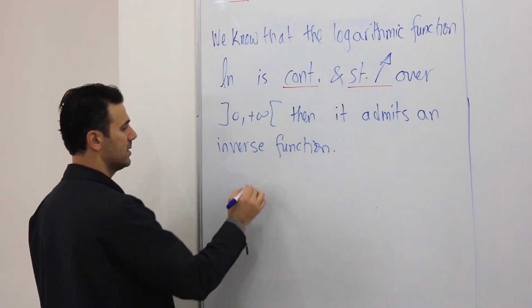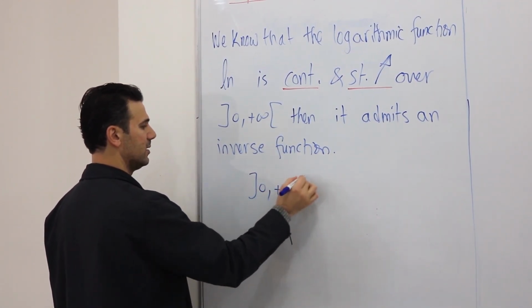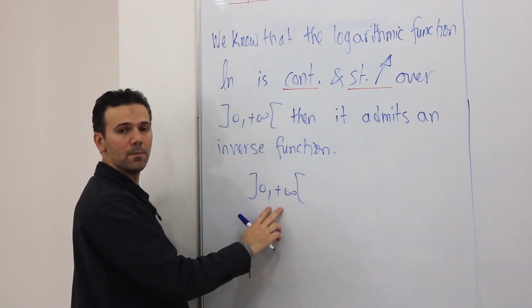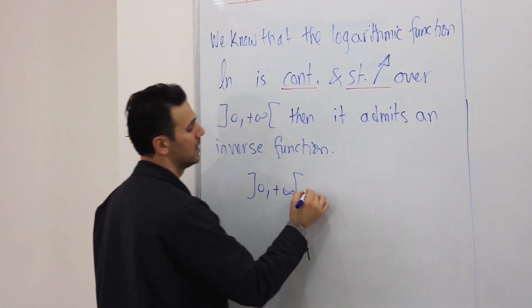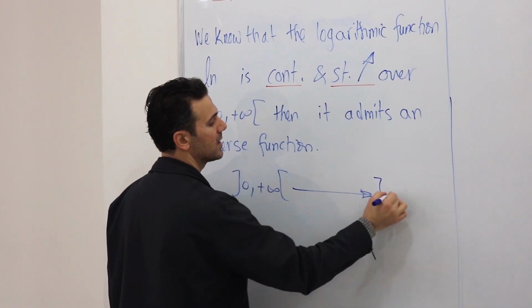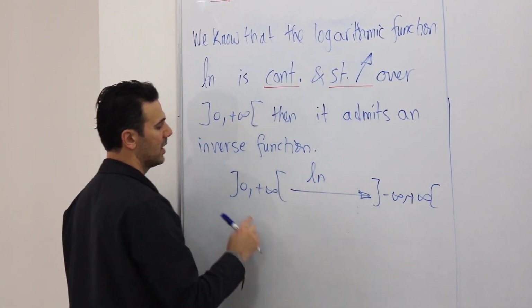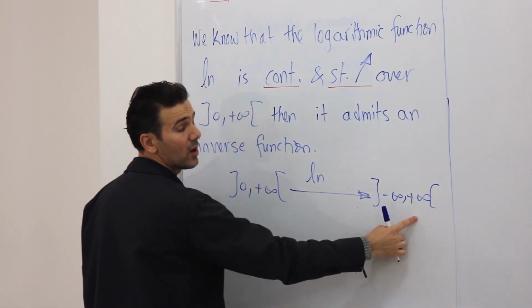Now, let me write this down. 0 plus infinity. These are the allowed values or the input values of ln. It takes them to minus infinity plus infinity, as you know from previous chapter. Ln takes x values, and these are the y values of ln.